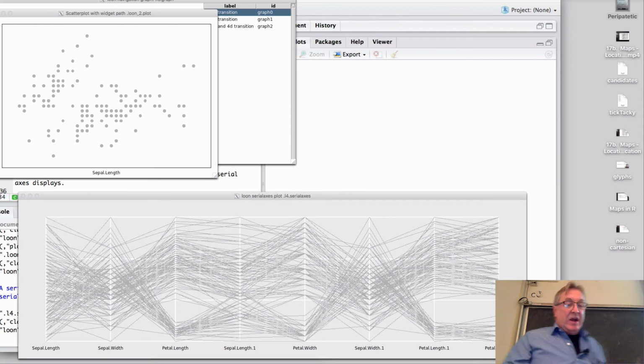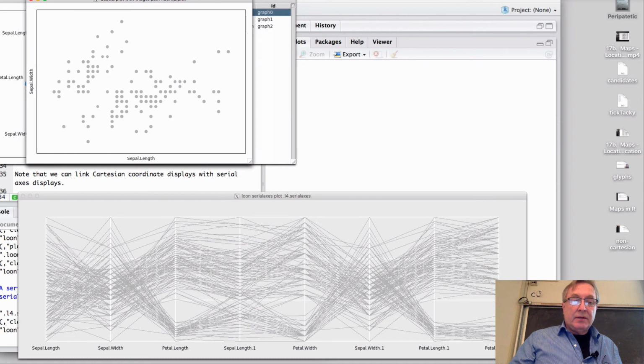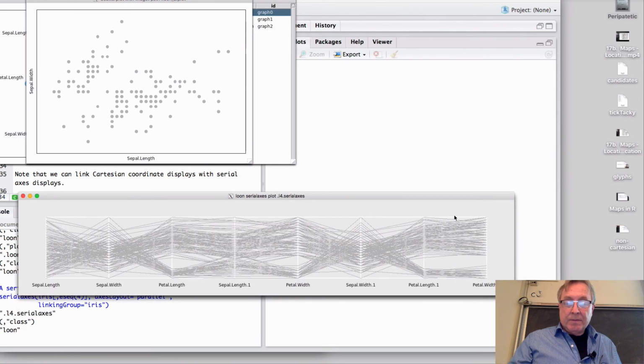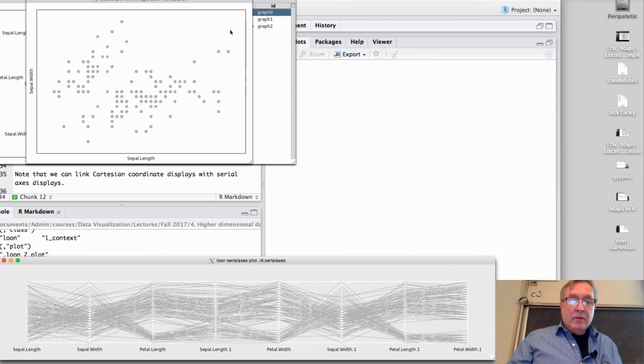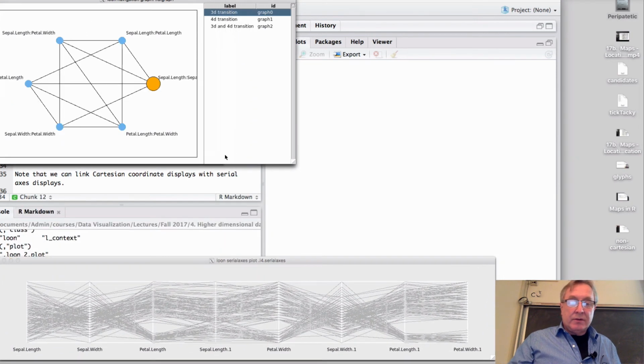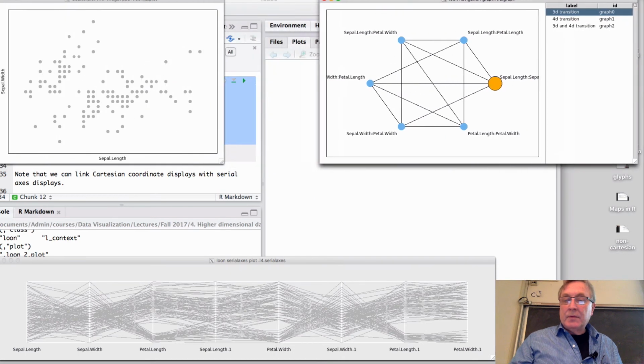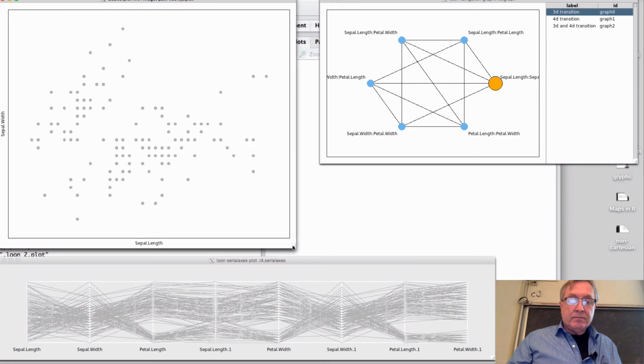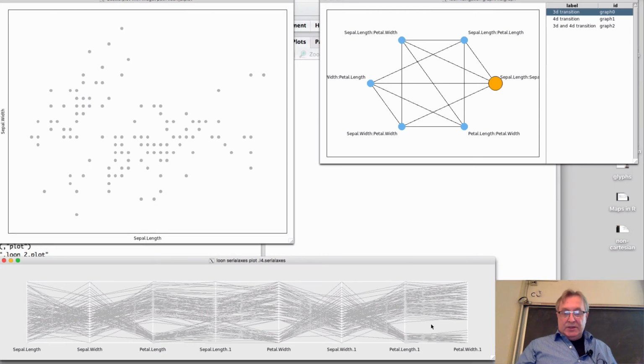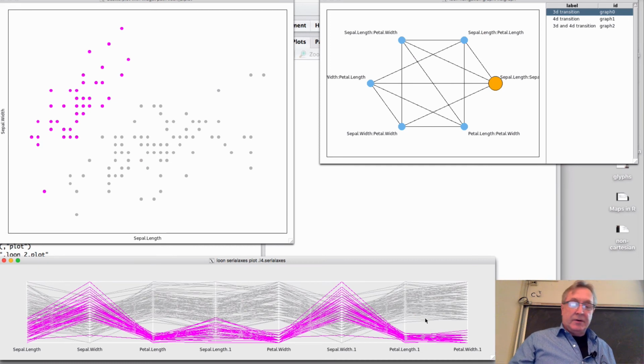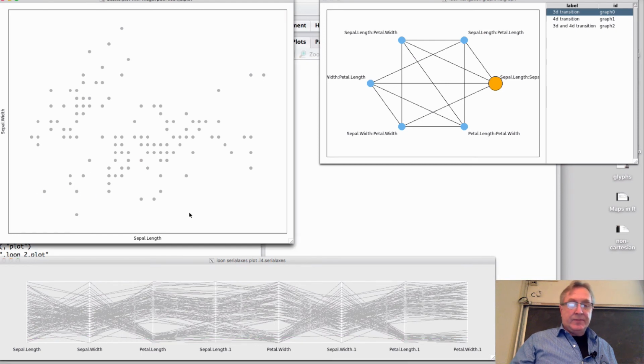Here we have every pair appearing. We have a 2D scatter plot showing a two-dimensional projection. So again, this is Setosa down here on the parallel axes, and you see where it appears up here. There's that oddball here, which looks odd here, and it appears there.